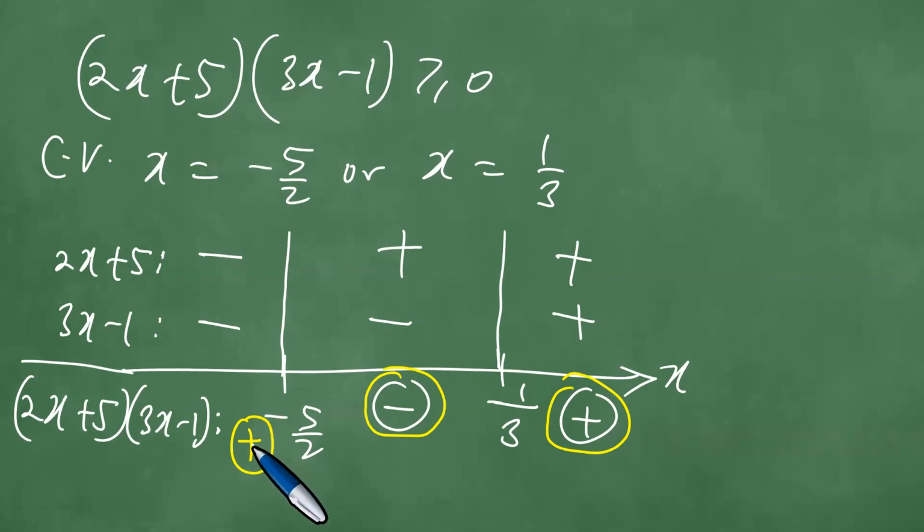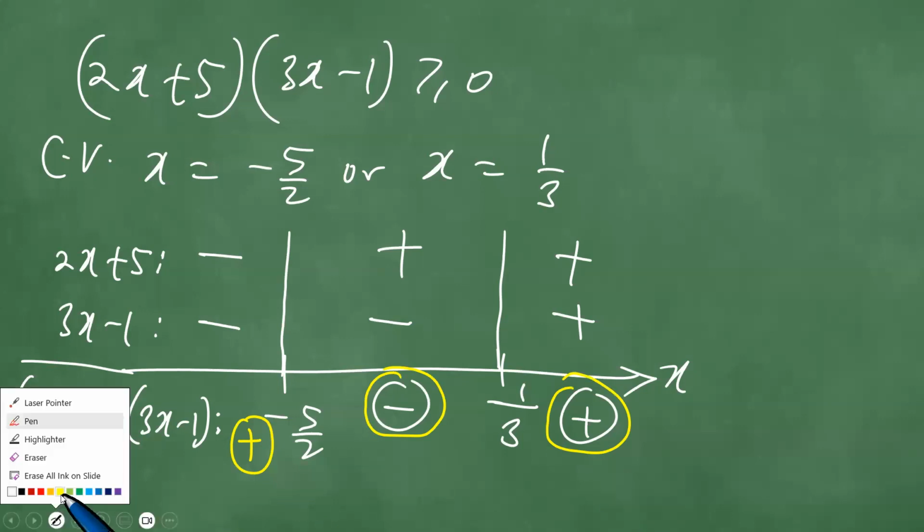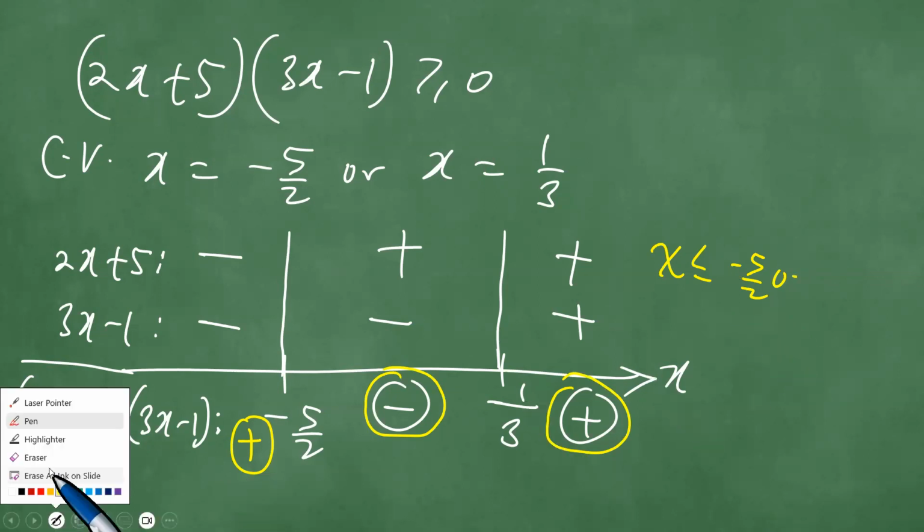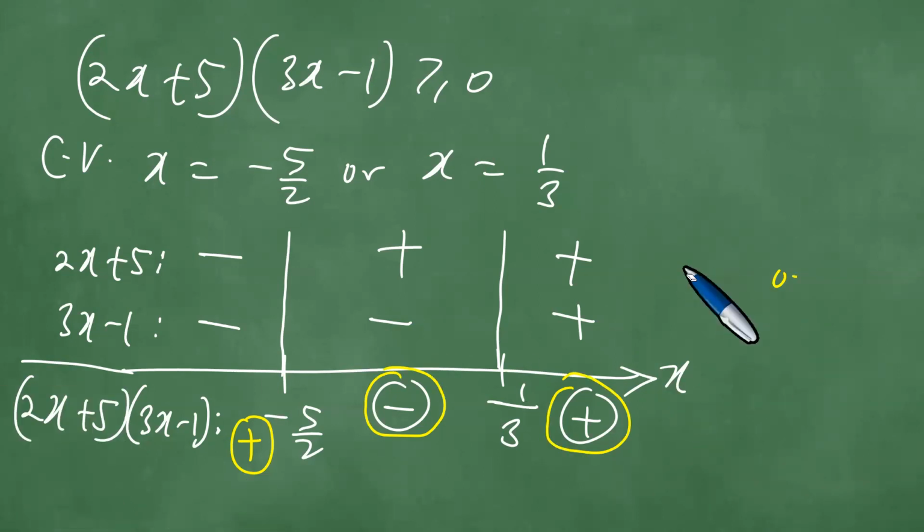Where are the positives occurring? The positive is this side and the other one is on the other side. So the solutions are x is less or equal to minus 5/2 or x is bigger than that.